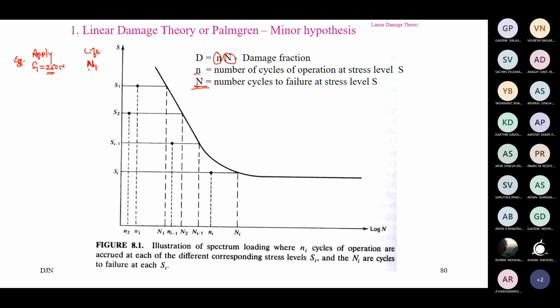That is N1. That is the life of the component if you apply 250 Newton load. Similarly, now you apply S2, a little bit lesser than 250 Newton. Maybe you may assume 200 Newton load. Now what is the life you are going to get? That is N2. Okay. Similarly, if you apply some other magnitude S3, maybe 150 Newton, the life you are going to find is N3. The component is going to fail after N3 cycles.